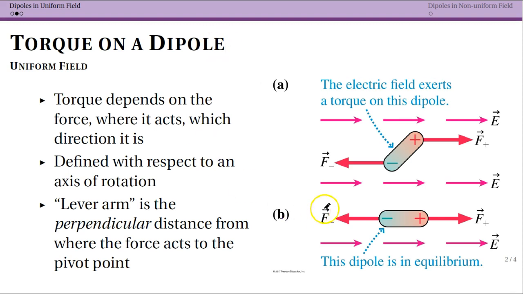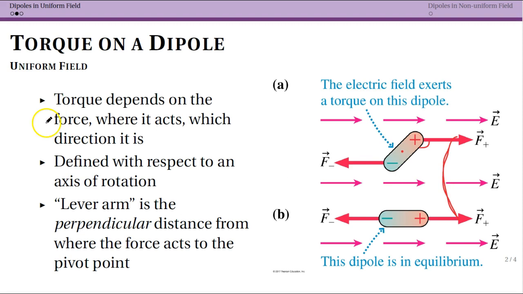So think about it this way, that if we have our dipole as before, just aligned with the electric field, we said it's in equilibrium, net force is 0. But imagine that it's rotated a little bit. We still have our forces in the same direction, right? If you look at these two forces, they have the same magnitude and the direction. That hasn't changed. But now there's this angle here, and you can think of there being a pivot point.